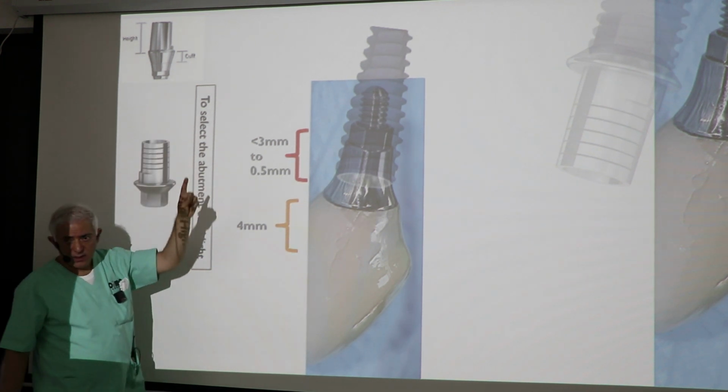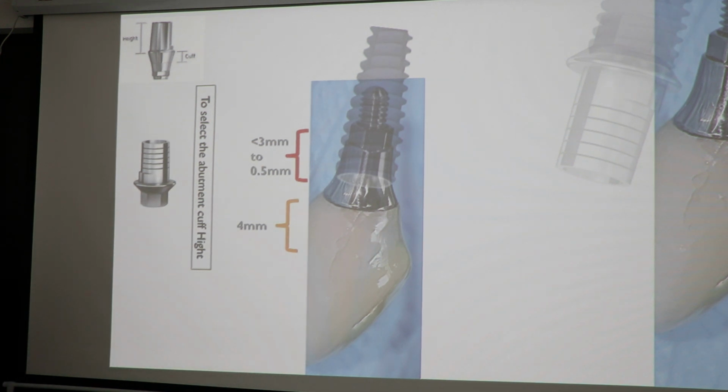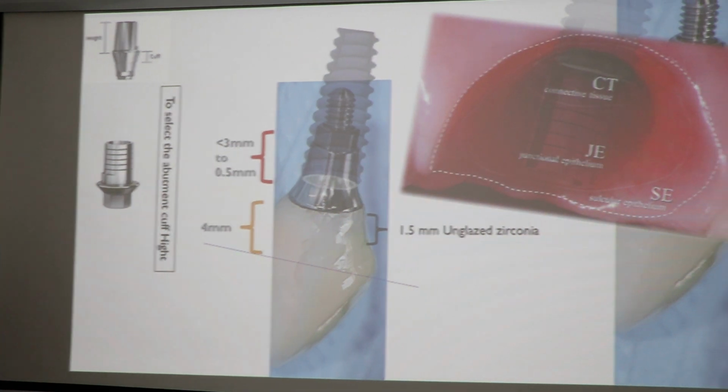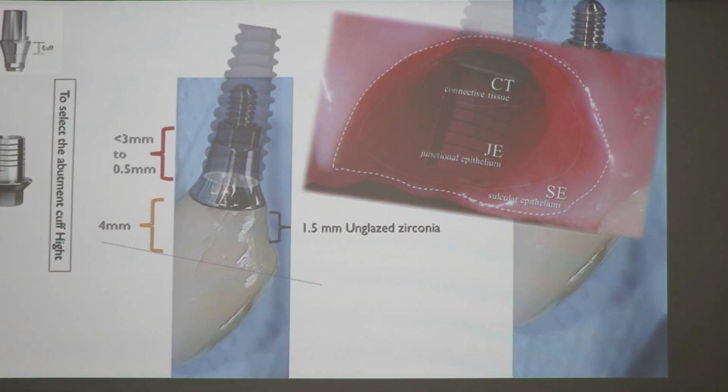Then the epithelium will take over, the glaze will take over, and the emergence profile will start. Okay, so now I'm repeatedly putting this in relation to the abutment, so you can understand where the abutment is going to start in relation to the implant.